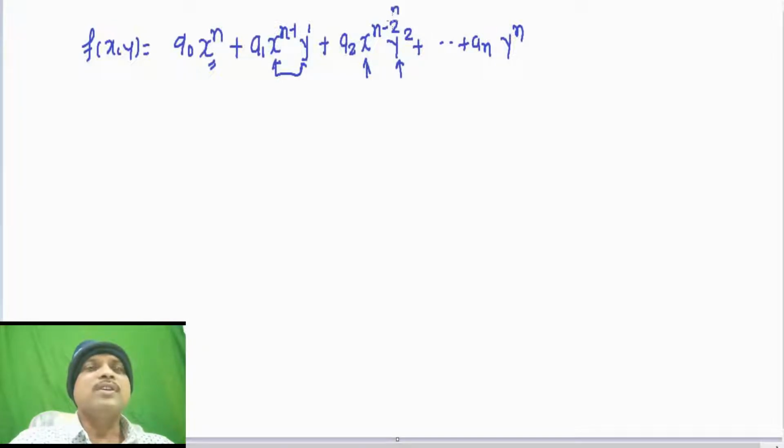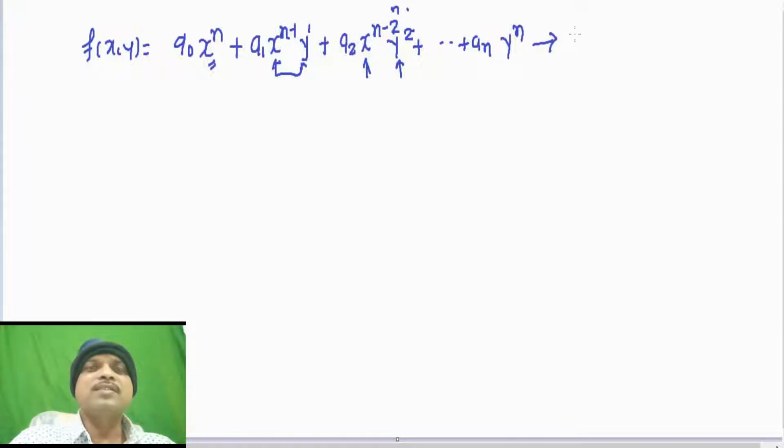In the third term, adding the two powers, we again get n. In other words, every term is of the same degree. The degree of x is n minus 2 and the degree of y is 2, so the addition of these two gives n. The degree of every term is n.